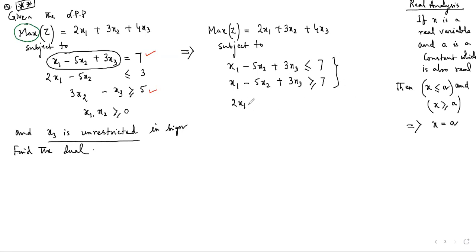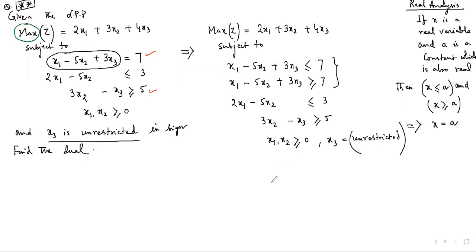The third one is 2x1 - 5x2 less than or equal to 3. The fourth one is 3x2 - x3 greater than or equal to 5. x1, x2 greater than or equal to 0. x3 is unrestricted. This is the first job that you are going to do over here.